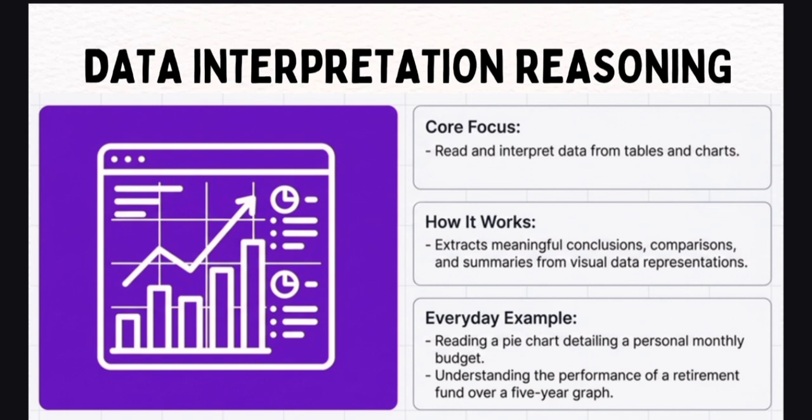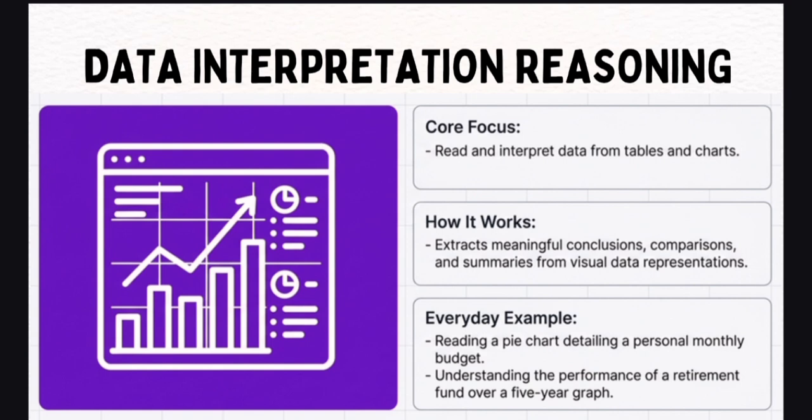For example, reading a pie chart detailing a personal monthly budget, then understanding the performance of a retirement fund over a 5-year graph. So here the data from tables and charts are used to bring out meaningful conclusions. So this is all about data interpretation reasoning.